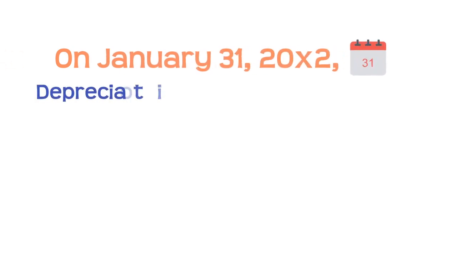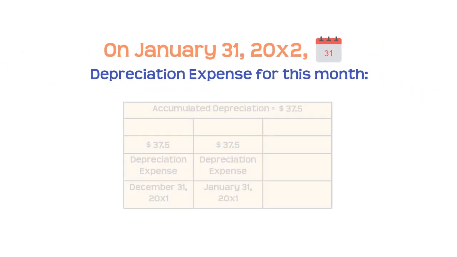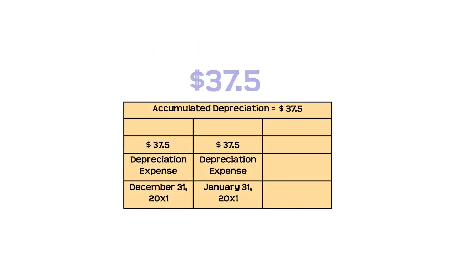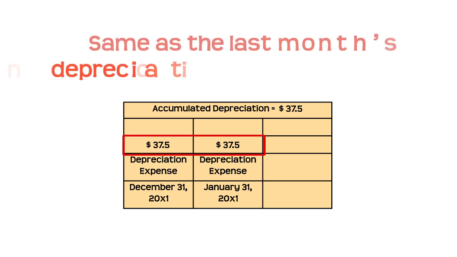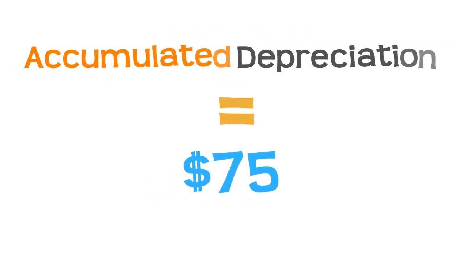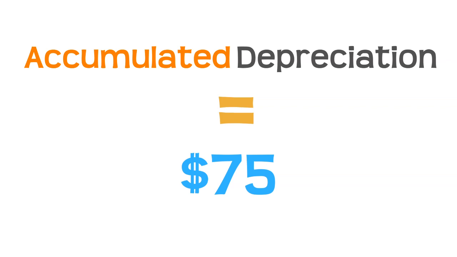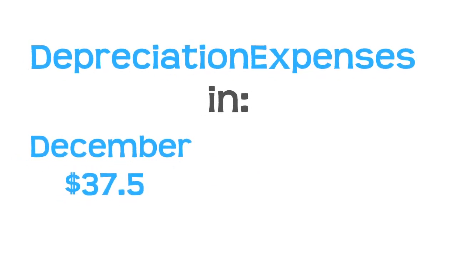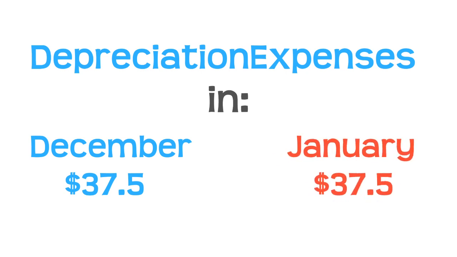On January 31, 20X2, the depreciation expense for this month will be $37.50, the same as last month's depreciation expense since the straight-line depreciation is used. But the accumulated depreciation will be $75, derived from the depreciation expense in December and the depreciation expense for January.